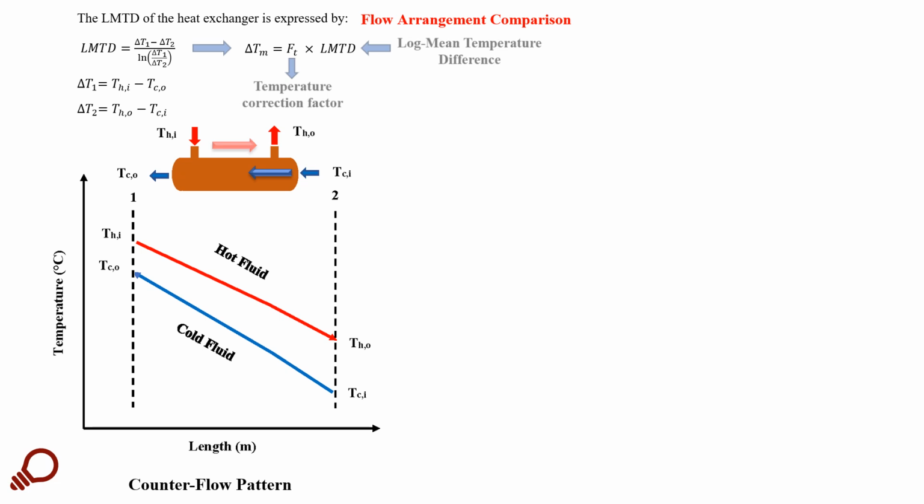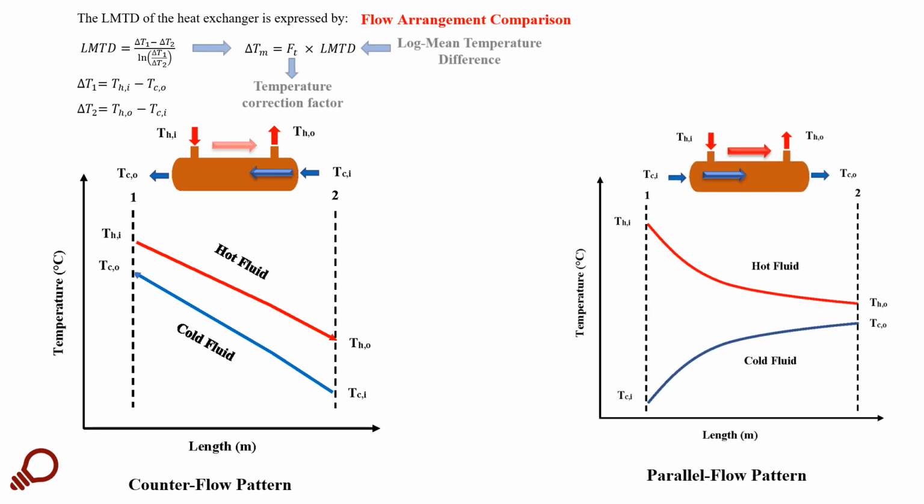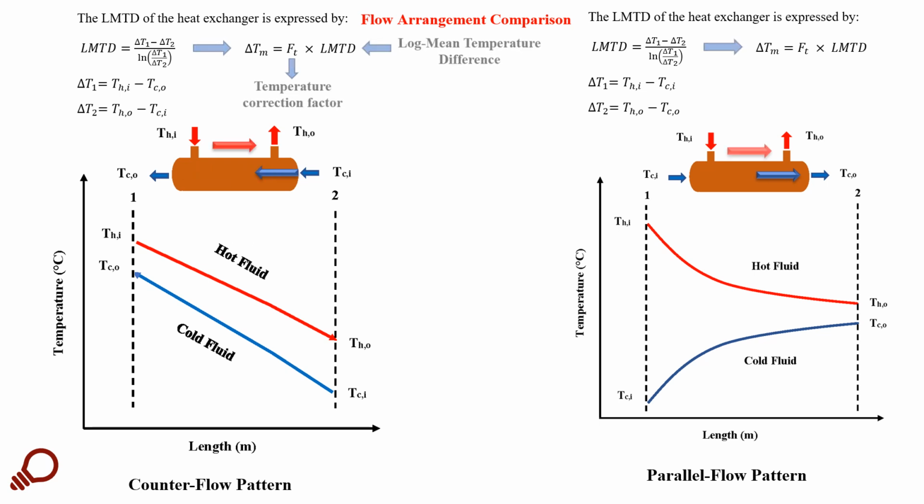So if we substitute the values of both the fluids, inlet and outlet, in this expression, then we may get the mean temperature difference across the heat exchanger. Similarly, we have the parallel flow, and if we use the same conditions, then we will be able to estimate delta T mean, which represents the mean temperature difference.